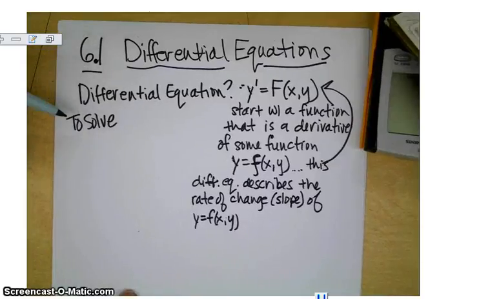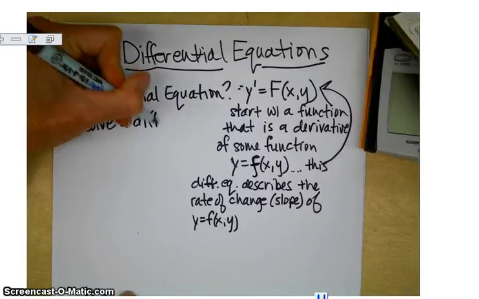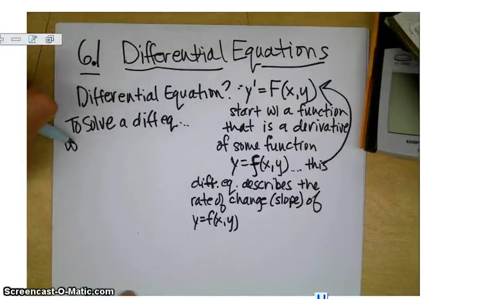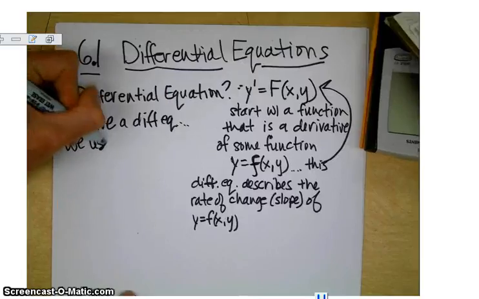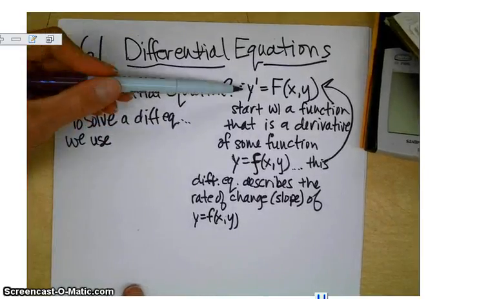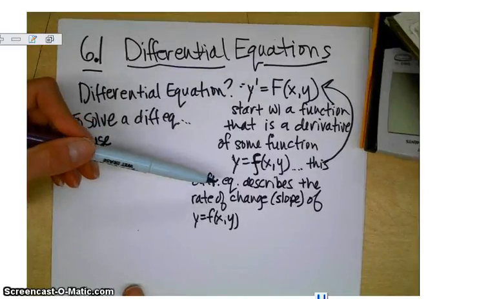So in order to solve a differential equation, again the abbreviation Diff EQ, we use, well, how would I go from a derivative to the function it came from? Integral.